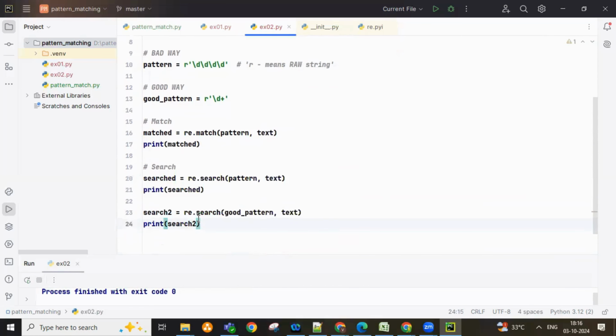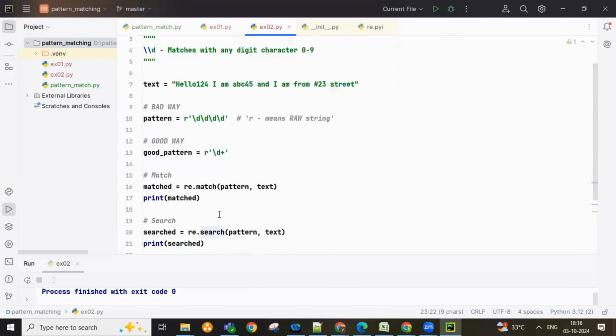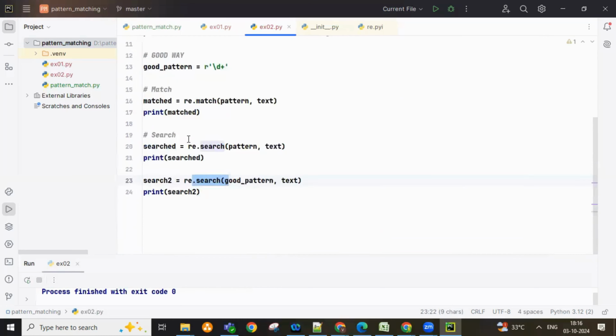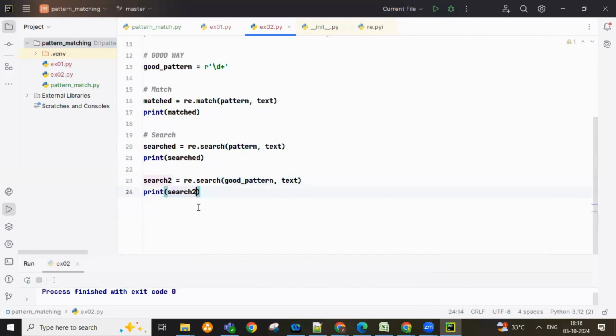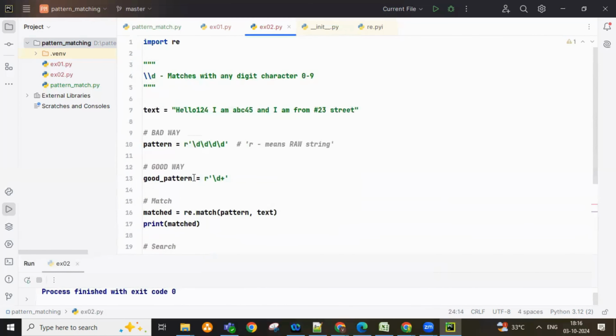And this time, what will array.search do? Search, guys, it's very important. Whenever it matches the first pattern, it finds a match immediately. It would not proceed further matching.